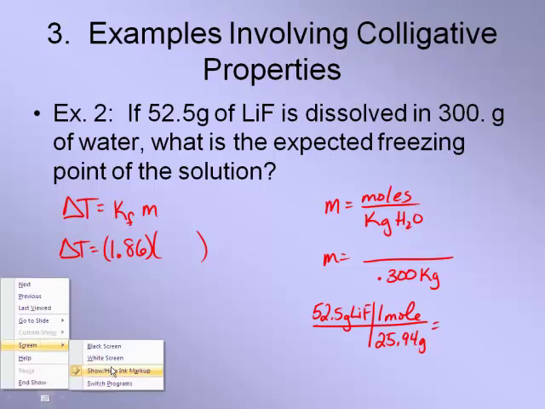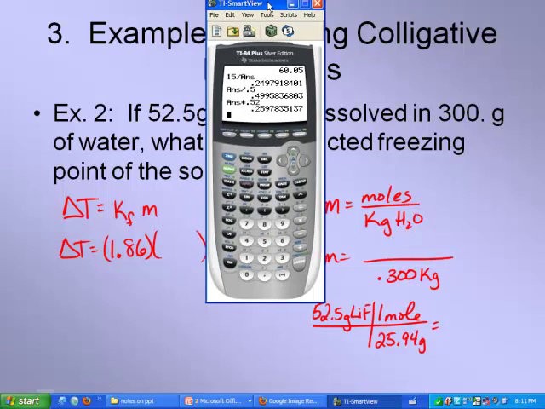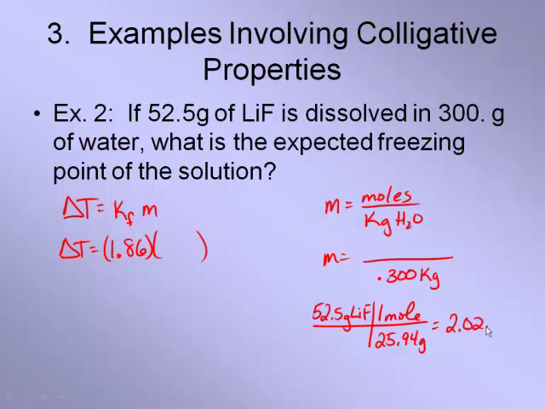So let me do my mole conversion real fast. 52.5 divided by 25.94 is 2.02. 2.02 moles. That goes up here in the mole conversion.